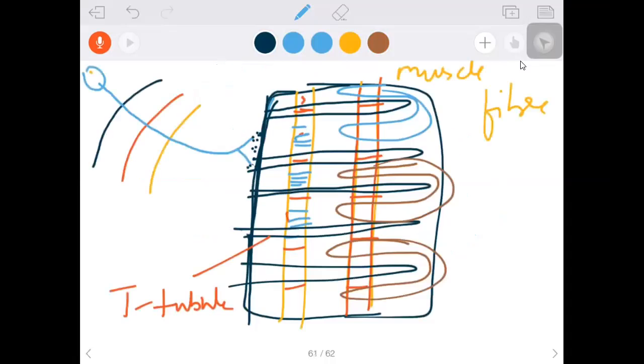Now let's make the sequence here. From the neuron, the axon terminals, where the motor end plate is the sarcolemma, the postsynaptic membrane, which is getting depolarized. From there, it goes to the transverse tubule. On either side of the transverse tubule, we find the cisternae of the sarcoplasmic reticulum.